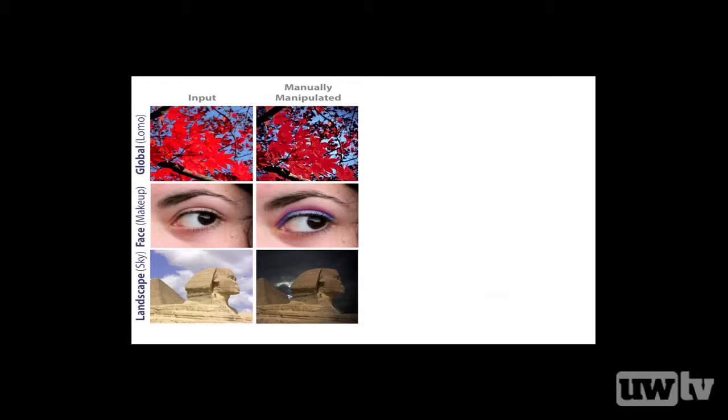Here's a manipulation for each of these 3 categories. The Lomo manipulation at the top darkens the corners of the image and also increases the contrast in the image. The makeup manipulation in the middle is an example of a face manipulation, and the dark sky manipulation at the bottom is a landscape manipulation.